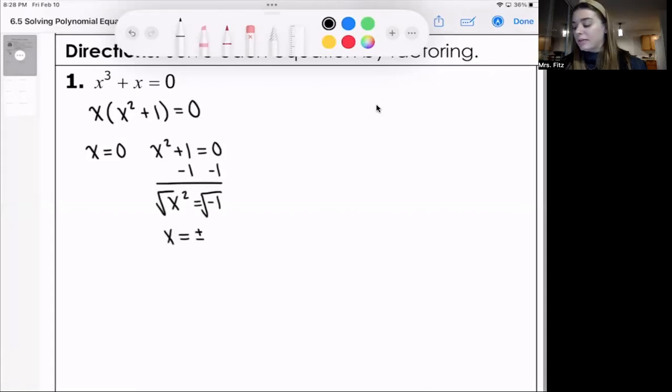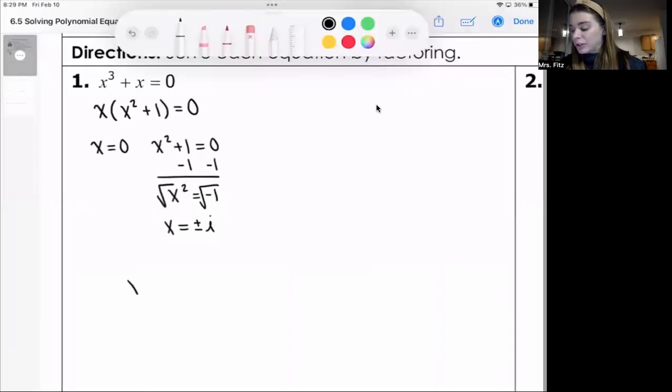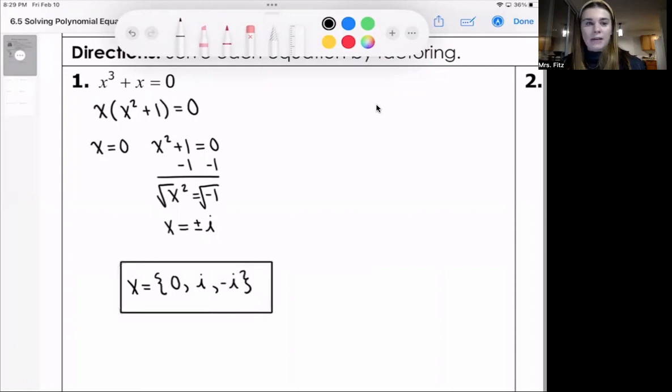And then the square root of -1 is i. So we have 3 solutions to this. We're going to use curly braces to denote the set of all 3 solutions. So x equals 0, i, or -i. Those are 3 solutions, which makes sense because it's a cubic, so we can have at most 3 solutions.